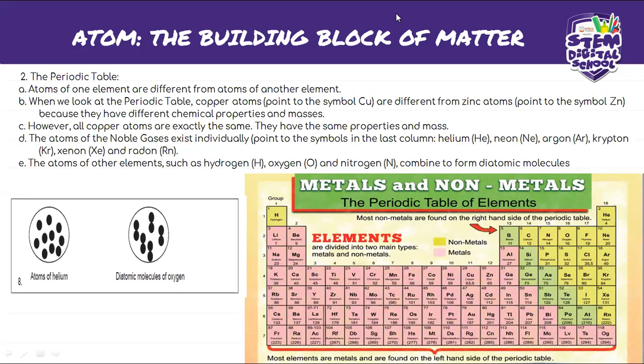Yes, guys, are you listening? I said I want you to give me 10 elements, and out of the 10 elements, 5 of them should be metals and 5 of them should be non-metals. Sfiso Gumbi, you have given me 1, so continue.